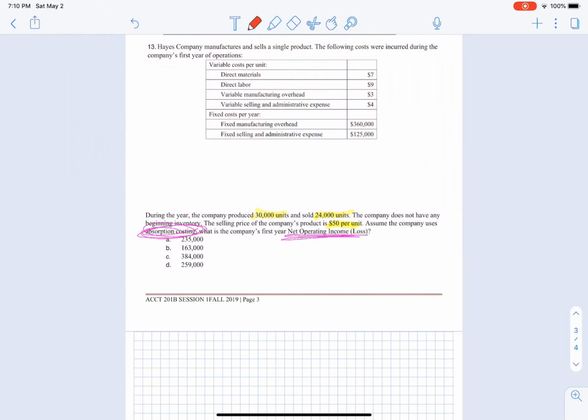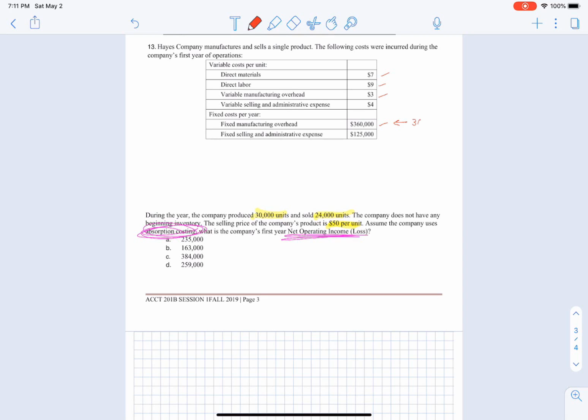So for absorption costing, the things we include in our product costs are direct material, direct labor, variable manufacturing overhead, and fixed manufacturing overhead. These are the only 4 things we include. But we can see that our fixed manufacturing overhead is not per unit, so we have to make it per unit.